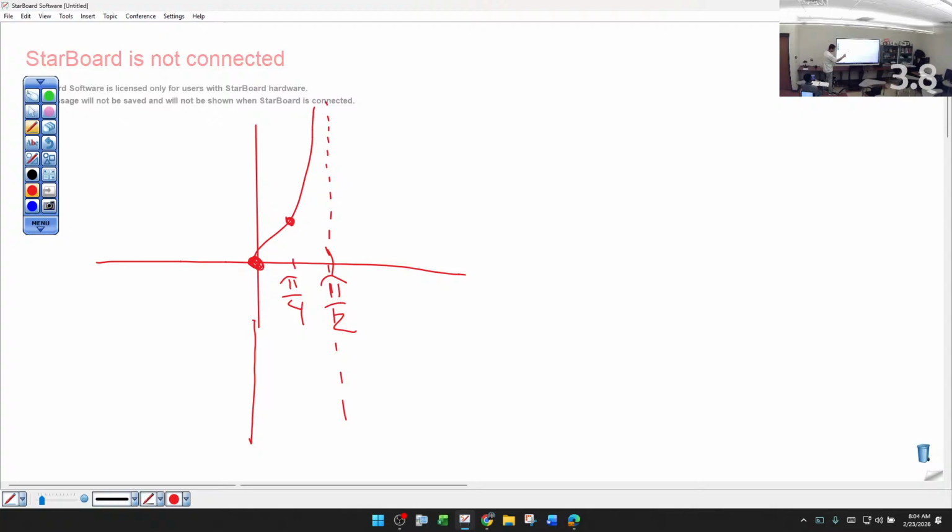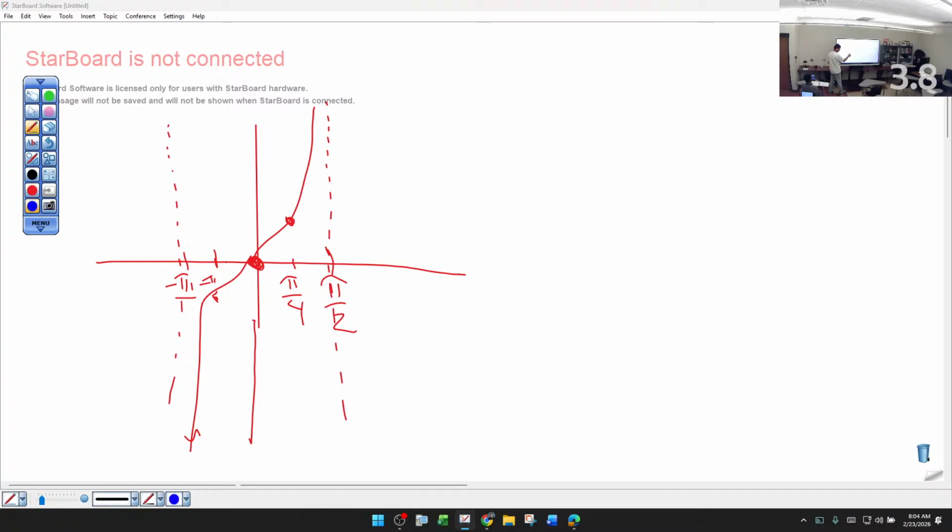Negative pi over 2 is my next vertical asymptote. And here at negative pi over 4, that's where I'm at -1. And there's the other part of it. And so that's 1 period, which is a little different because we're not used to seeing negatives as part of the period. If you want to see the other part of the period, it becomes a little weird.